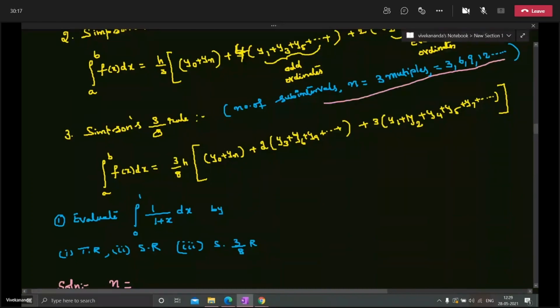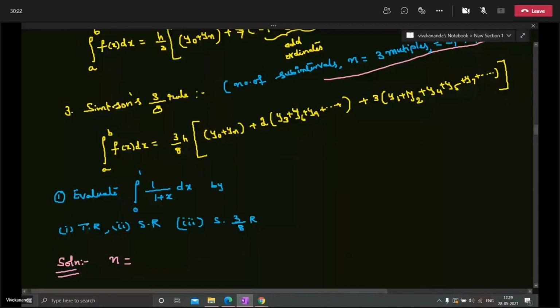So commonly, to cover the trapezoidal rule, Simpson's rule and Simpson's 3 by 8 rule, which number of subintervals is better to take to cover all the rules? Super, 6. Because for any number of subintervals you take, the trapezoidal rule is applicable. 6 is an even number, so it is applicable for Simpson's rule.